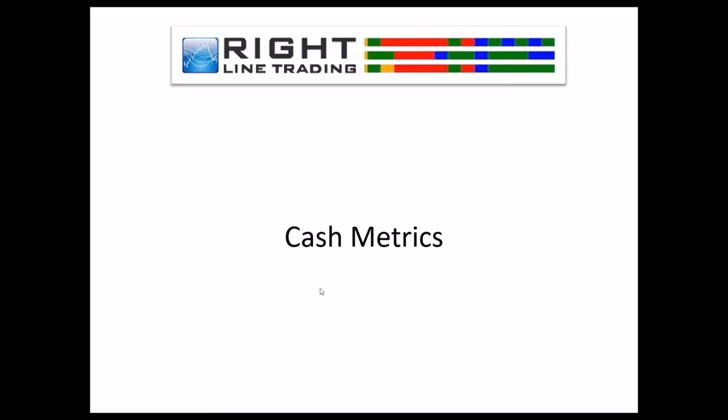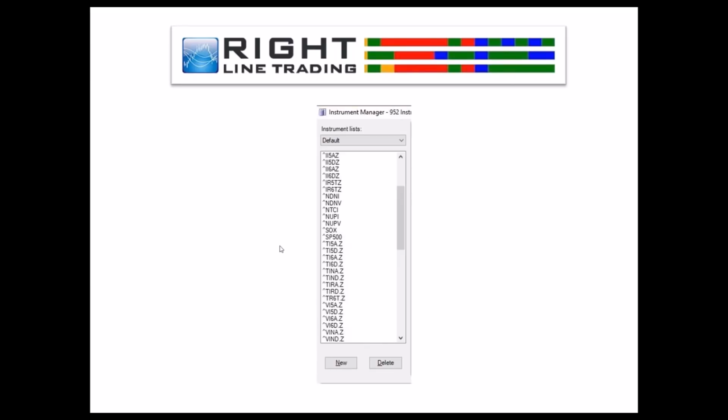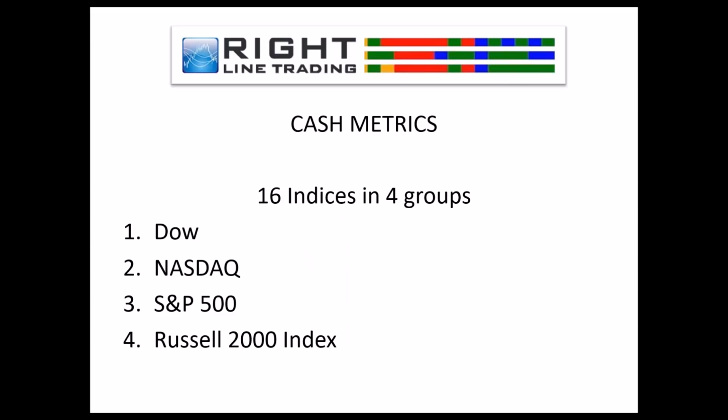Now, this is called the cash internals indicator. What we do, now these are some of the tickers that we use. We use 16 tickers, 4 groups of 4 tickers.